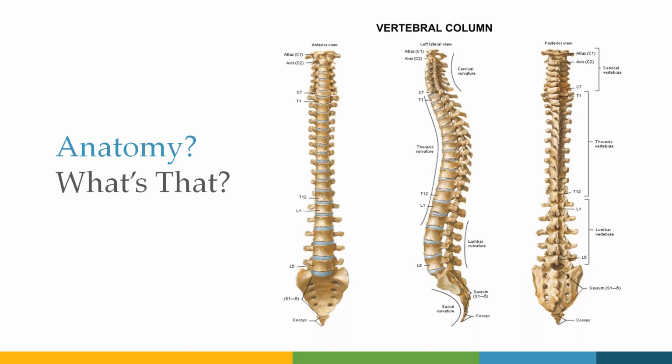So when you see this terminology, there's a C on there, a T, an L, and an S. Cervical is related to the C. The T stands for thoracic, the L stands for lumbar, and the S stands for sacral. So when you see C7 on this picture in front of us, that's where you should have your fingers right now on your spine. That's C7, spinous process.